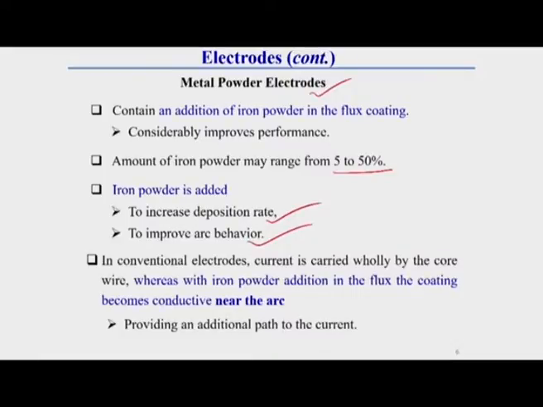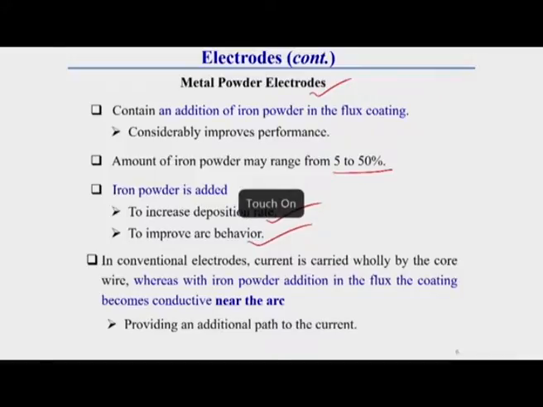In conventional welding electrodes, the three different types I already discussed, the current is carried wholly by the core wire. Whereas with iron powder addition in the flux, the coating becomes conductive near the arc. So this flux cover, as it contains some iron powder, also provides some conducting path, an additional path of current.